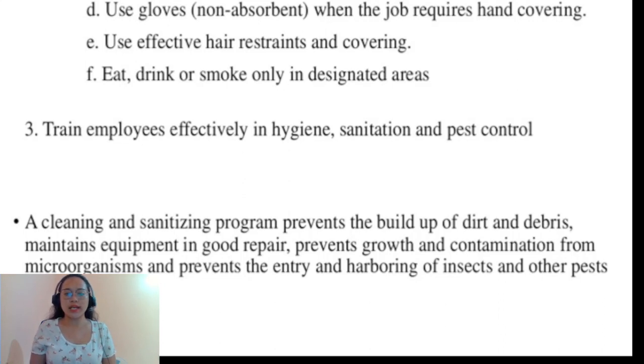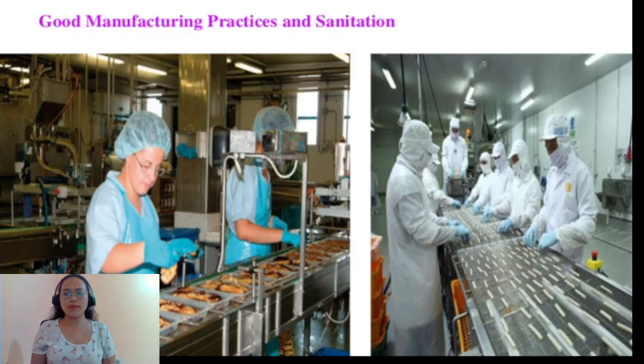A cleaning and sanitizing program prevents the build-up of dirt and debris, maintains equipment in good repair, prevents growth and contamination from microorganisms, and prevents the entry and harboring of insects and other pests. You can see in the pictures good manufacturing practices and sanitation. In the first picture, the woman did not wear her mask.